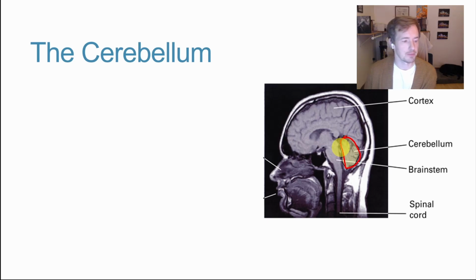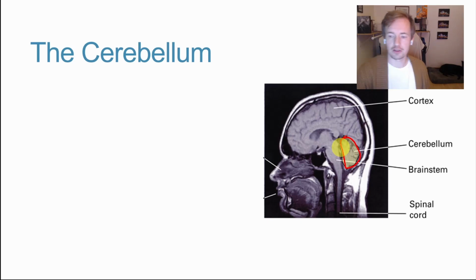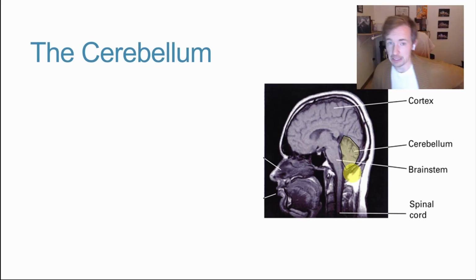For the longest time, people just assumed that the cerebellum was used for balance and coordination. Then, a little over 10 years ago, a young woman was discovered as being born without a cerebellum. She lived her life without this broccoli-looking structure back here in the brain. So you can live without it. You'd probably be pretty clumsy, but you could live without it.